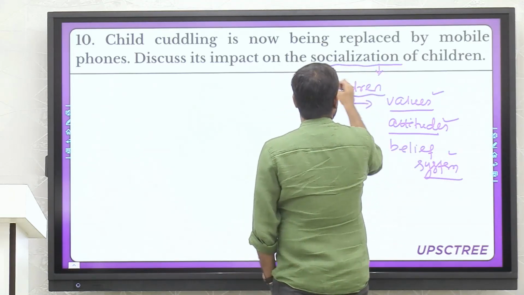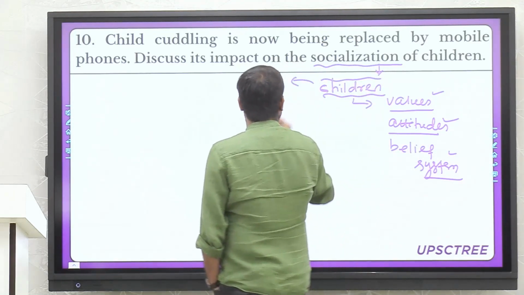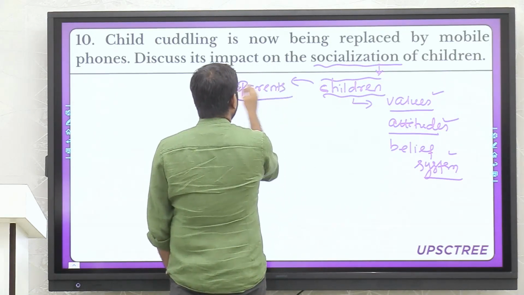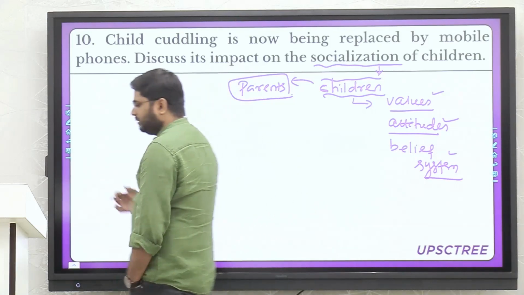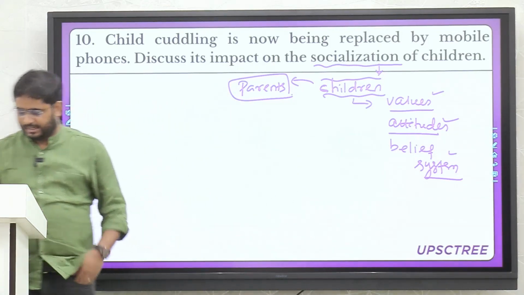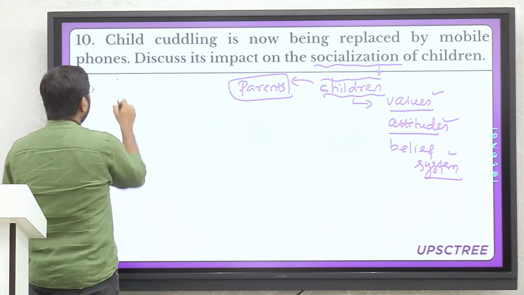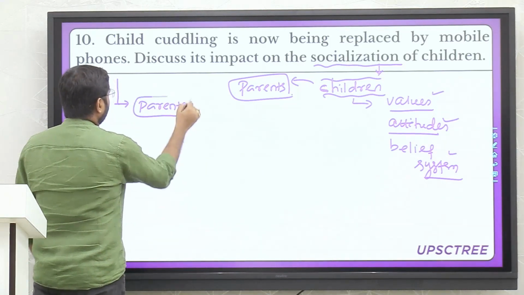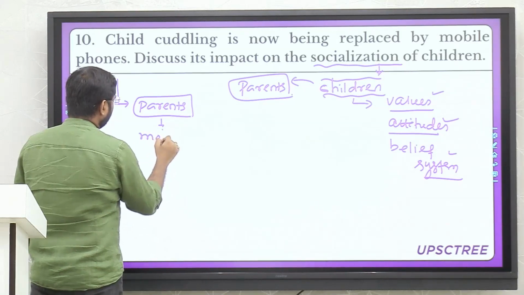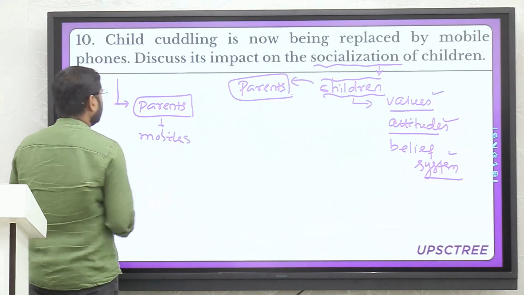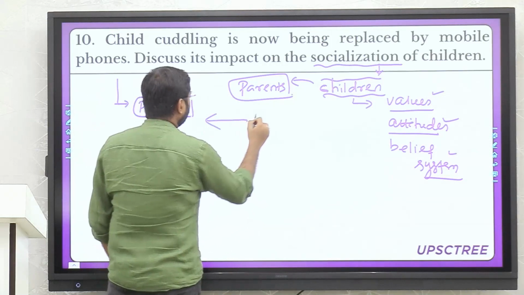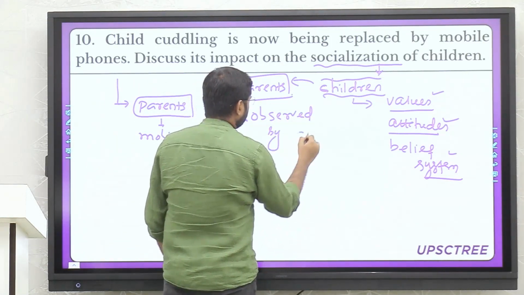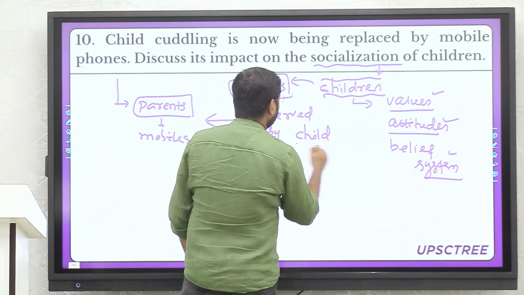How does an individual develop? Children essentially learn from their immediate parents and then their immediate neighborhood. So in socialization, the role of parents is very important. You should remember that. Look at the parents. They are addicted to their phones or mobiles. This is what is observed by the child.